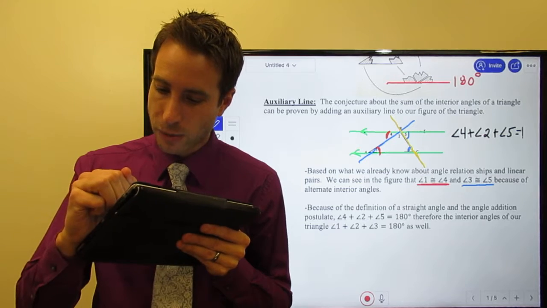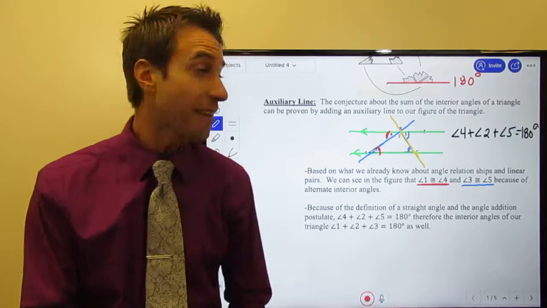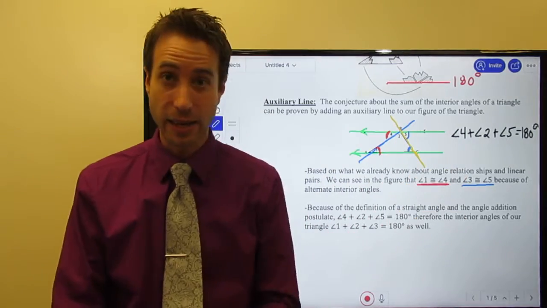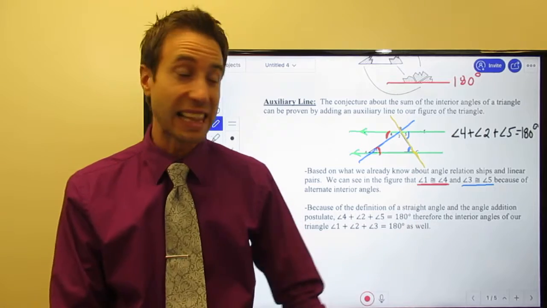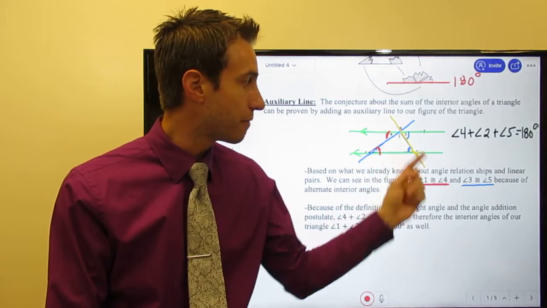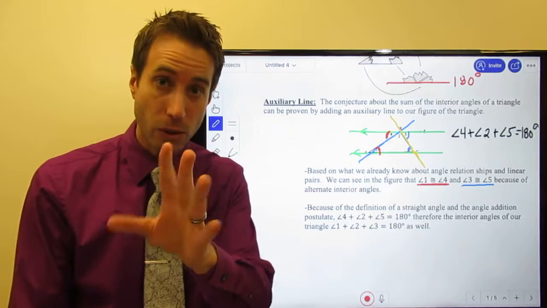They must sum to 180 degrees. They have to. Look, they make a straight line, right? Those three angles added together give you a line. So angles 4, 2, and 5 must sum to 180 degrees. But hold up a second.